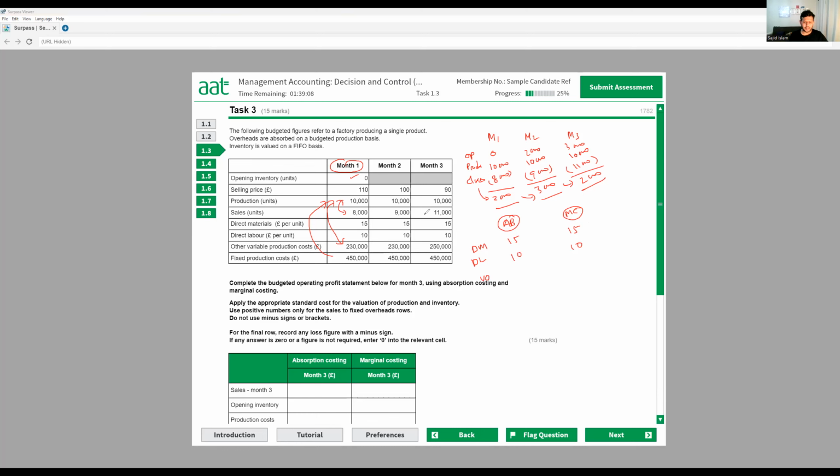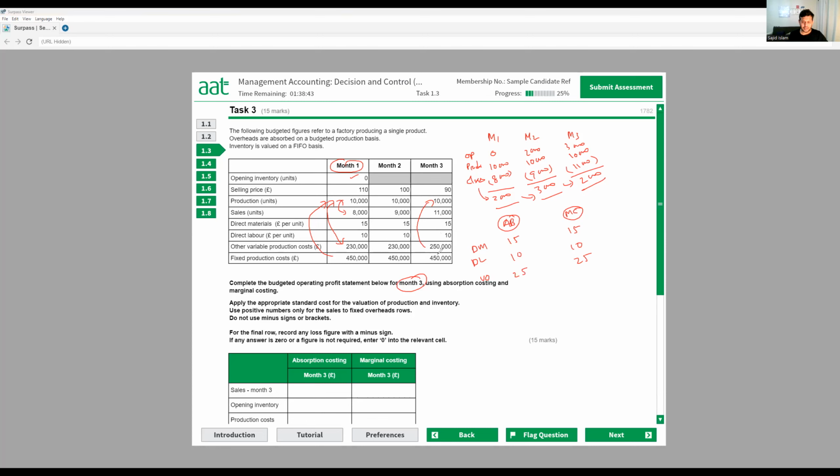But actually we need to prepare this statement for month number 3. So look at month 3: 250 divided by 10,000. That gives me 25. So variable overhead is 25. The variable cost is the same for both absorption and marginal.